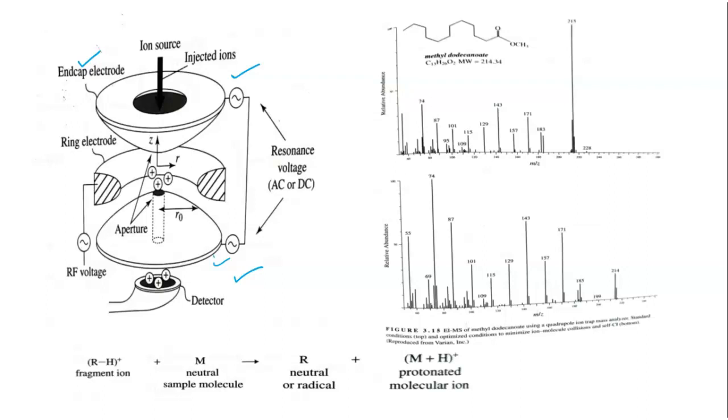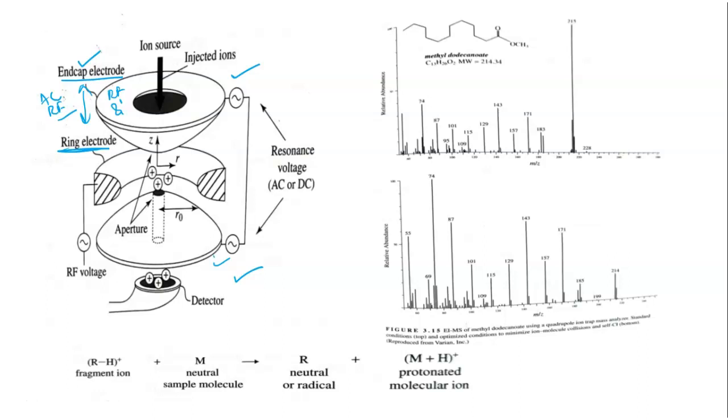Now next, alternating current AC, or you can also use DC, and radio frequency potential is applied between these end caps. RF and AC or DC is applied between the end cap and the ring electrode. So between the end cap electrode and the ring electrode, AC and radio frequency potential has been applied. So that is one thing.